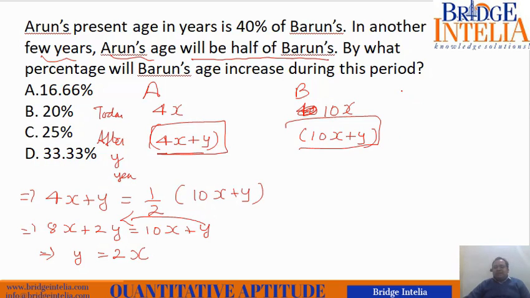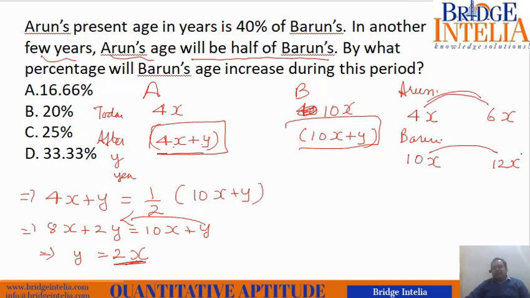So Arun is currently 4x. From 4x he will become 4x plus y, where y is equal to 2x, so Arun will become 6x. What about Varun? Varun is already 10x, so he will become 12x. So you can see 6x is half of 12x.